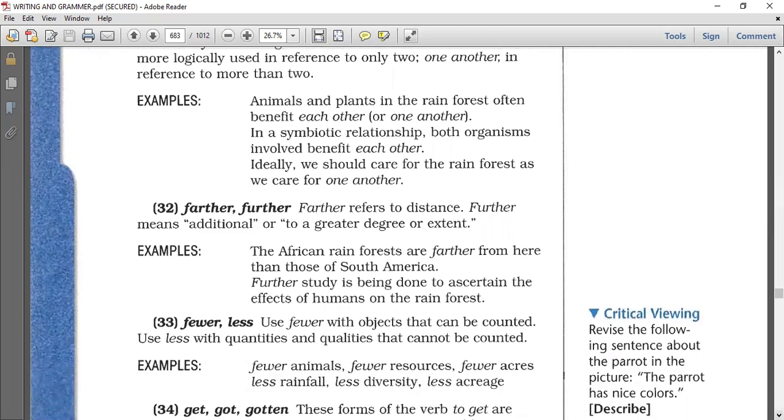In an example like this in the exam, for example, the four siblings love each other, and you're asked to correct the mistake. Some people say there is no mistake. No, we're talking about four siblings, so we should use one another here, not each other, because each other is used with two people only or two things only.